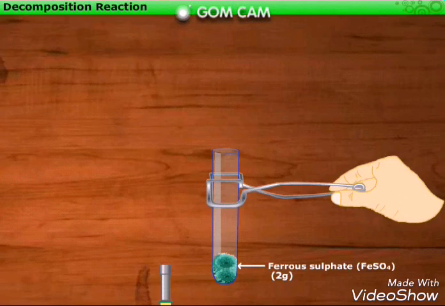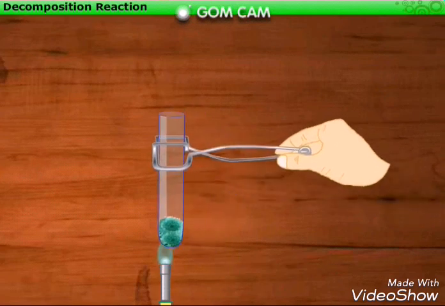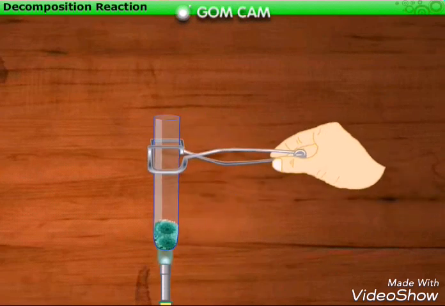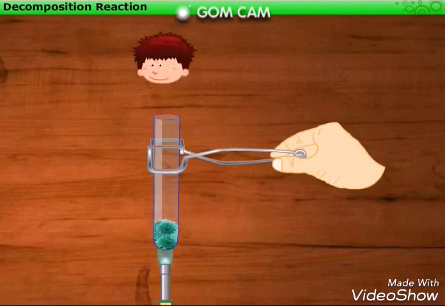Note that the color of the ferrous sulfate crystals is green. Heat the test tube over the flame of a burner. Observe the color of the crystals after heating. Do not point the mouth of the boiling tube at yourself.